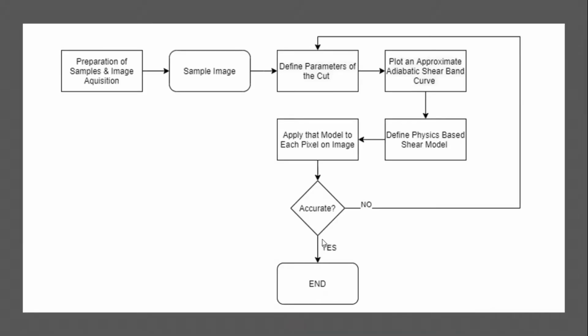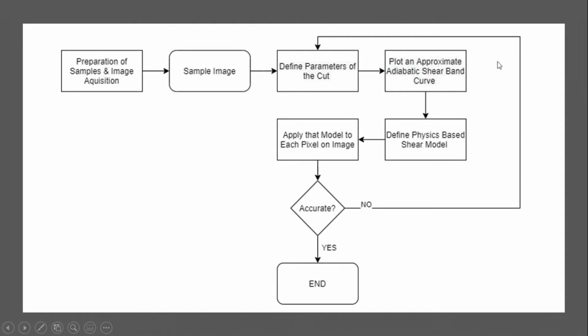And this is a flowchart of how the tool actually works. First we start with the preparation of the samples and image acquisition. That's what I just talked about. And then from there, we have our sample image. And we can define the parameters of the cut afterwards. This can be the adiabatic shear band width, the velocity. This is kind of what drives our optimization to get an accurate image. From there, we plot an approximate shear band curve.